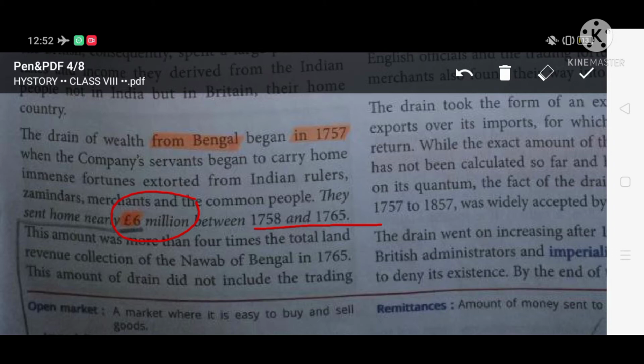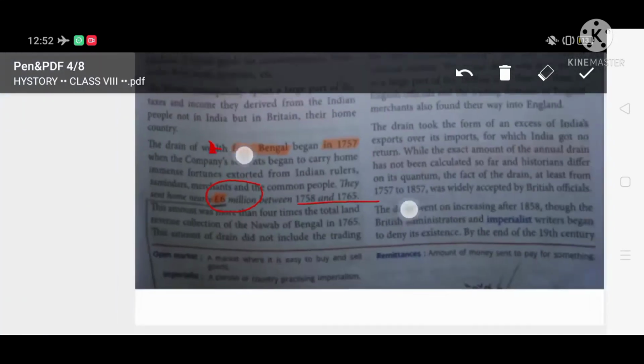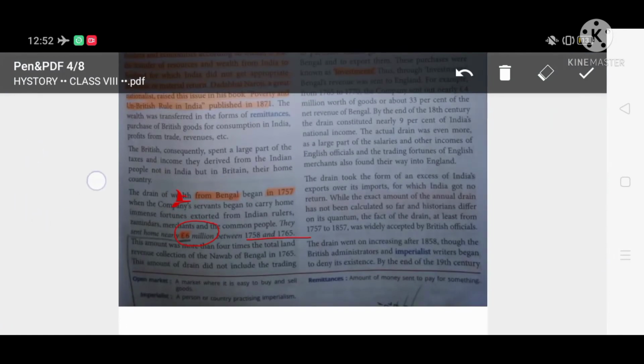The amount was more than four times the total land revenue collection of the Nawab of Bengal. So they took away four times the income of the Nawab's land.